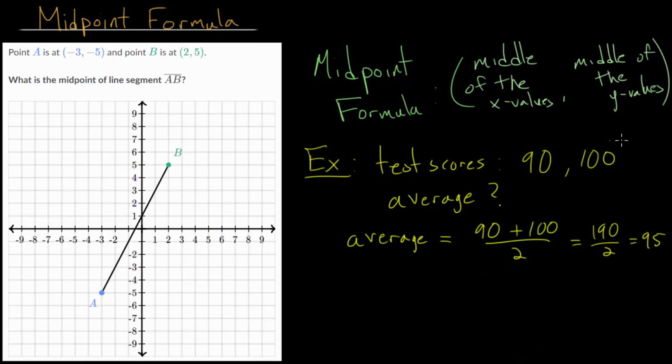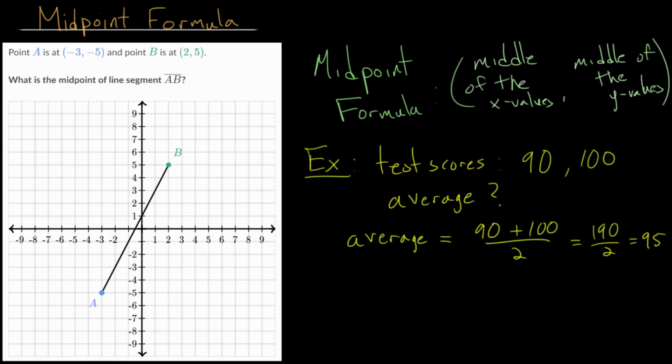And if you did have more numbers that you want to find the middle of, you add them all together and then divide by the amount of numbers that you're adding together. So if we had another test score, let's say an 80, we would add these three together and then divide by 3, since now we have 3 different numbers. So that's the idea of finding the average, and average is another word for middle.